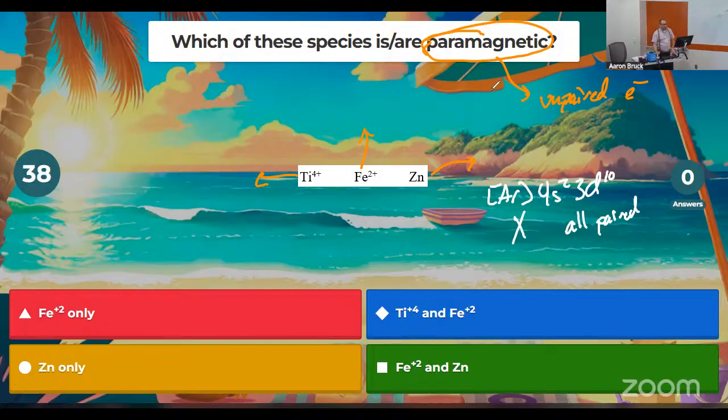The term for something that is not paramagnetic is diamagnetic, where magnets go to die. And so since zinc is diamagnetic, we can eliminate green square, we can eliminate orange or yellow circle. Now we just need to look at the iron 2 and the tin 4.